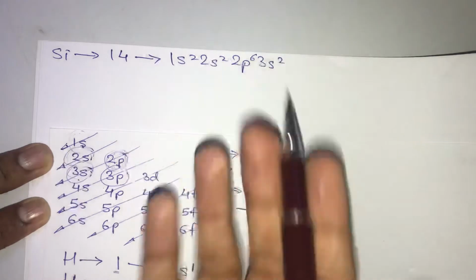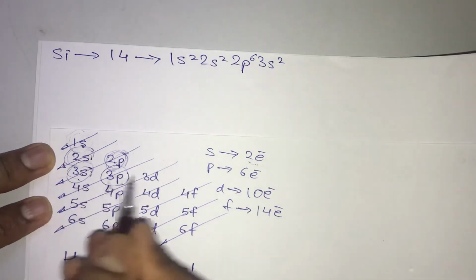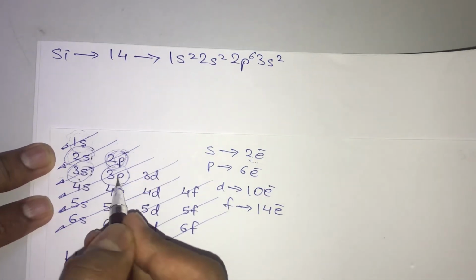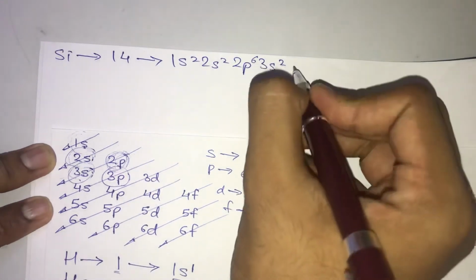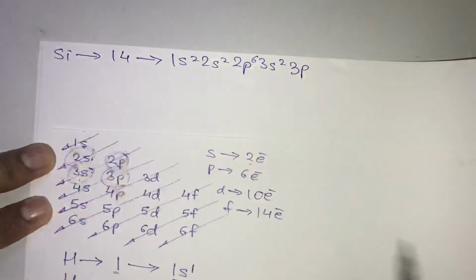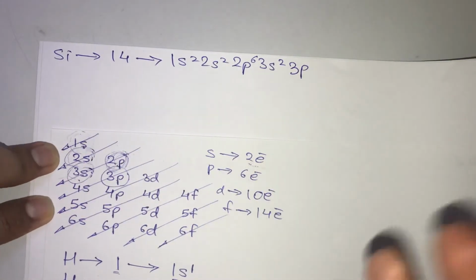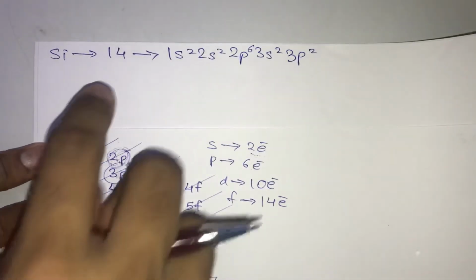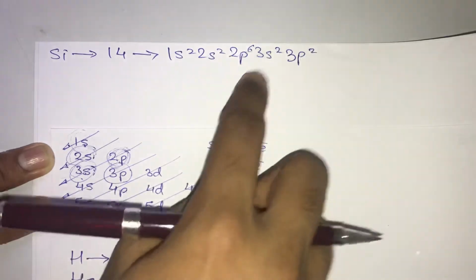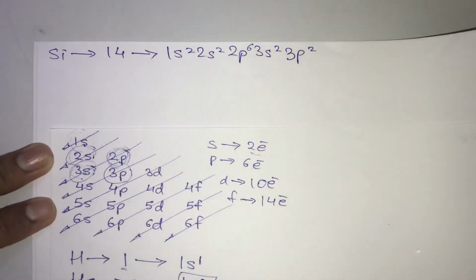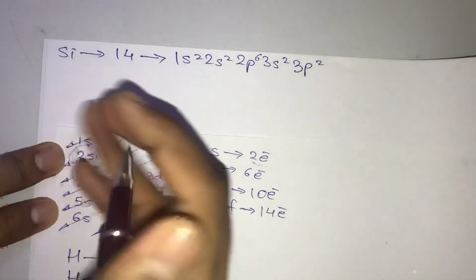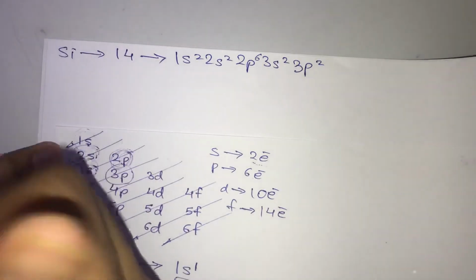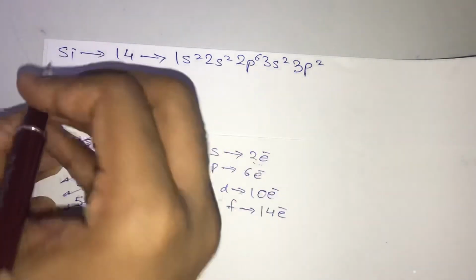So you are left with 2 more electrons. So after 3s we move on to the fourth diagonal where we first meet 3p. Since 3p can accommodate a maximum of 6 electrons, it can easily accommodate your next 2 electrons. So this is the electronic configuration of silicon: 1s2, 2s2, 2p6, 3s2, 3p2. Okay, so now let's move on to the next one, that is nothing but phosphorus.